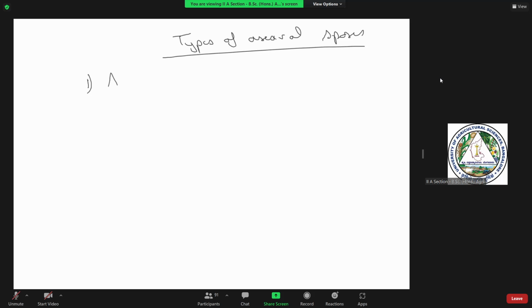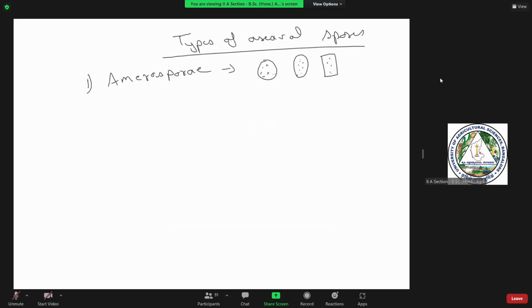Number one is called as the amerospore, where the conidia is continuous, basically spherical or sometimes ovoid, or short cylindrical, and often a continuous one.